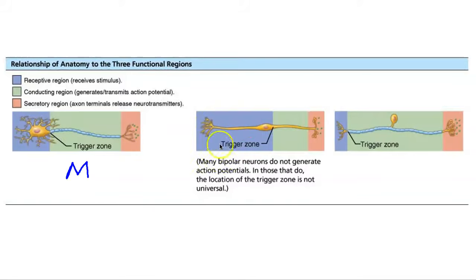Same thing with bipolar. There's going to be a region that receives the information, generates and conducts the action potential, conveys the action potential to the next cell, and so on. So the bipolar, unipolar, and multipolar neurons, even though they look different, they have the same parts and they work the same way.